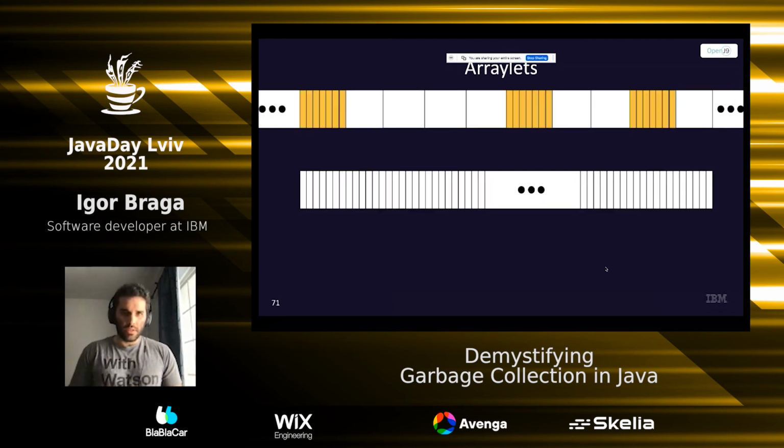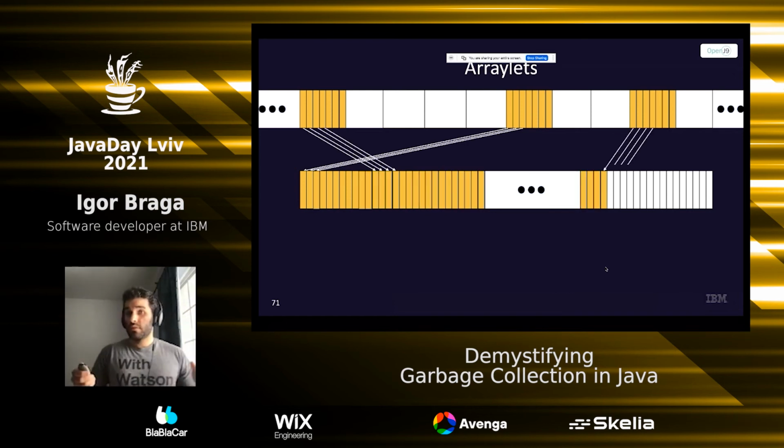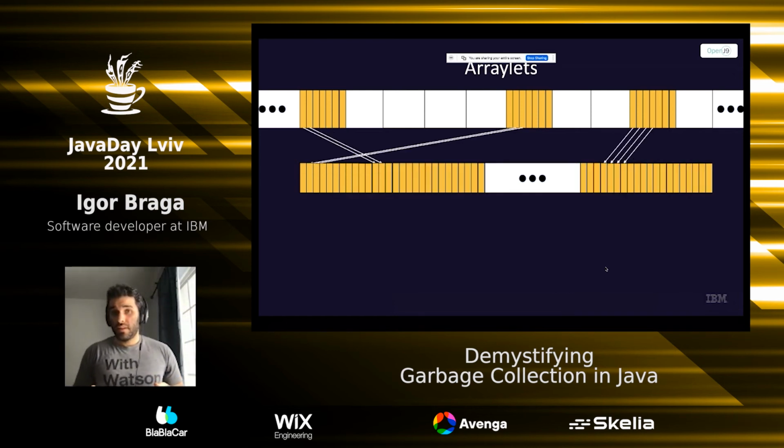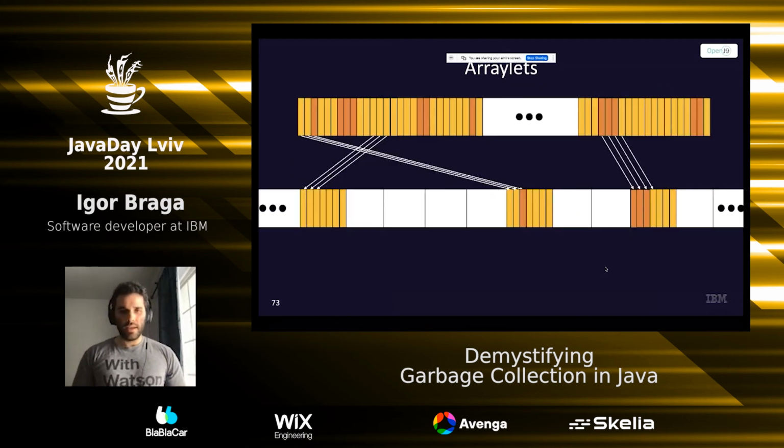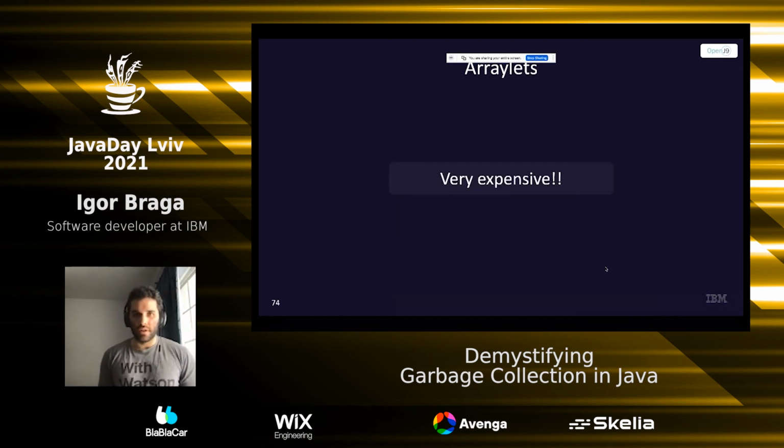What we used to do is copy the arraylets into a temporary array, which is contiguous, and then pass that address to the JNI API. The client does whatever it has to do with the array, can modify some objects, and then we have to copy everything back to the original array. And as you can imagine, this is very expensive.